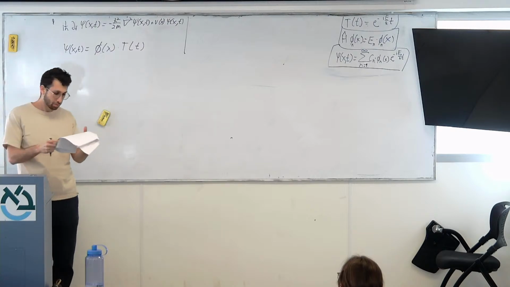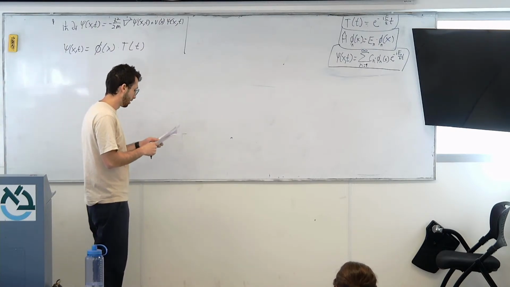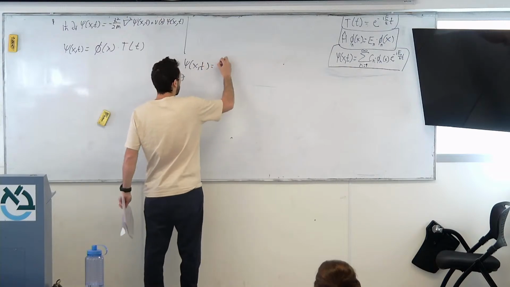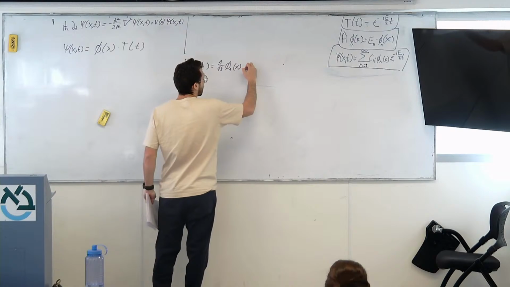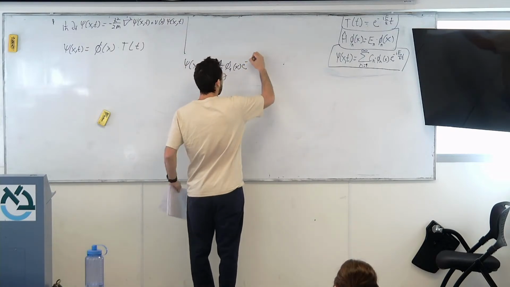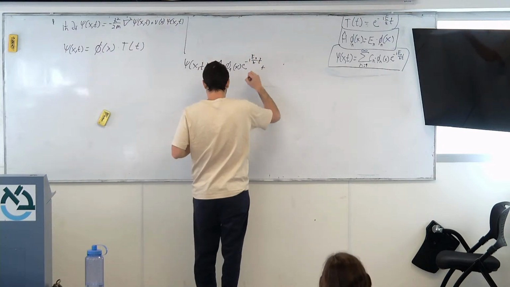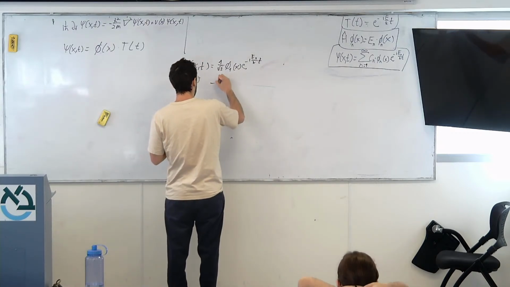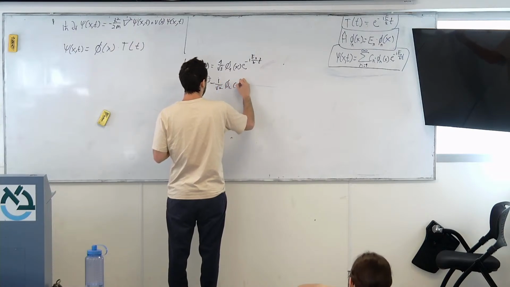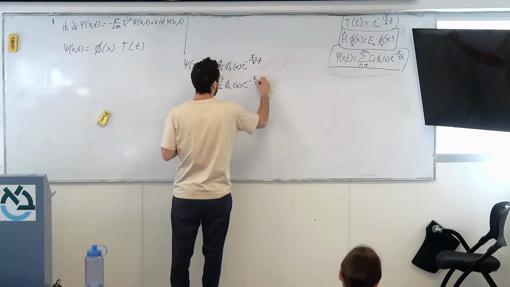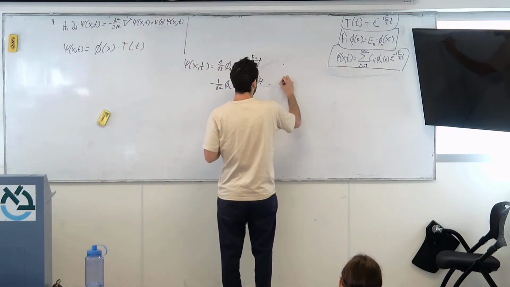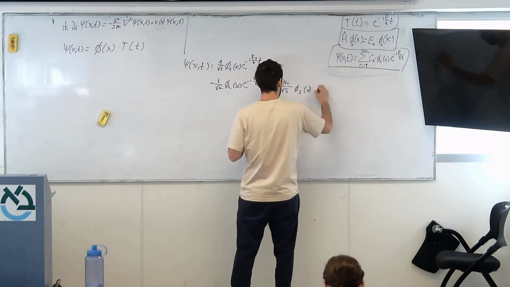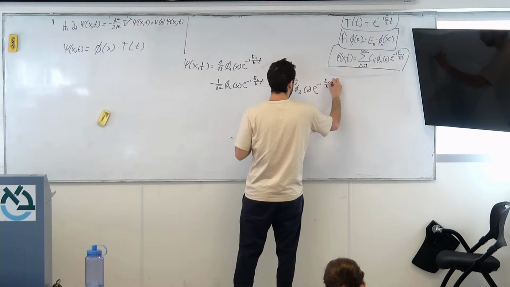And let's assume we have some solution for psi of x and t, which looks like psi of x and t equals 1 over square root of 3 phi 1 of x e to the minus i E1 over h bar t, plus, let's be consistent, let's write it minus i over square root of 2 phi 2 of x e to the minus i E2 over h bar t, minus 1 plus i over 2 square root of 3 phi 3 of x e to the minus i E3 over h bar t.